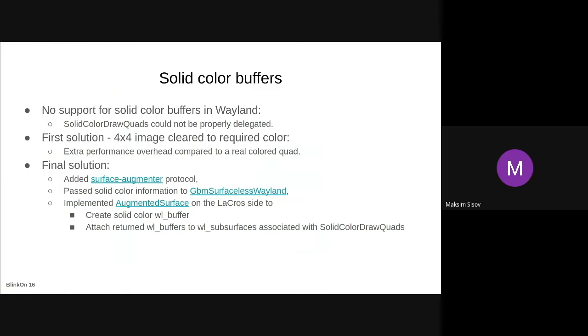However, that meant extra performance overhead. A solution was to create a so-called surface augmenter protocol that would allow us to request Wayland buffers of that color and attach them to subsurfaces if a solid color quad is in the list of overlay configs.